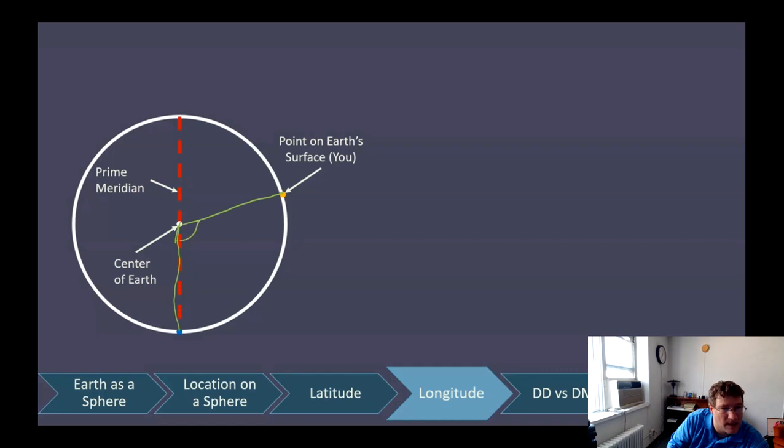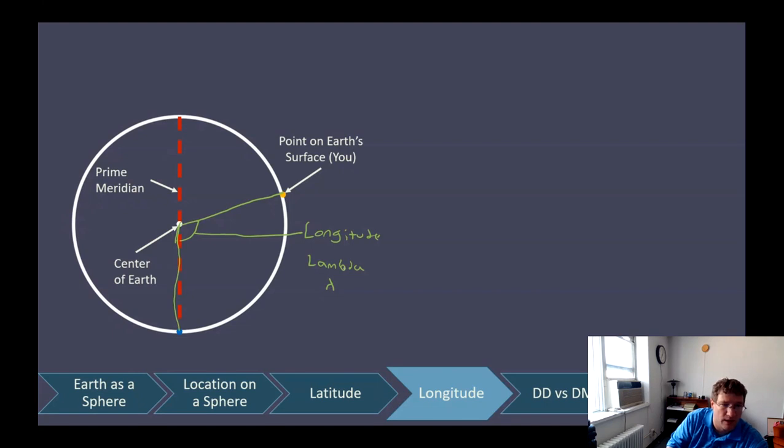So we can take this angle here between U and the prime meridian, and we call this angle longitude, or sometimes you will see it referred to as lambda, or drawn out with this symbol.